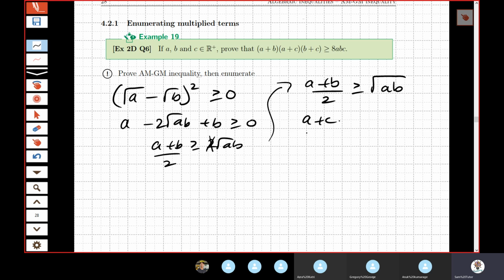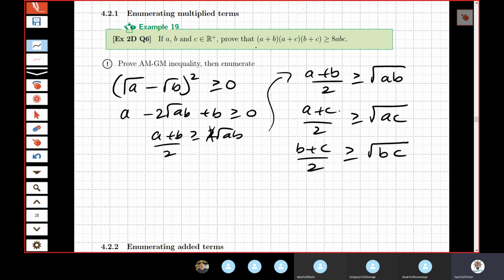Wouldn't it be a plus c on 2 greater than or equal to root ac? And what about b plus c on 2? Root bc.